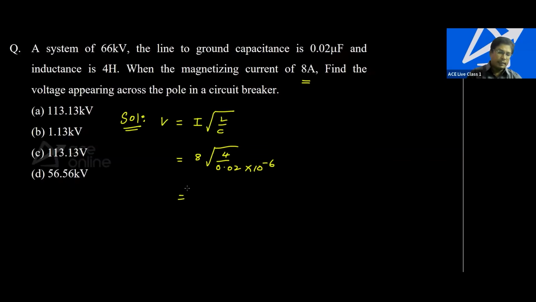If you calculate this, 8 root of 4 divided by 0.02 into 10 power minus 6, it is 113.13 kilovolts.